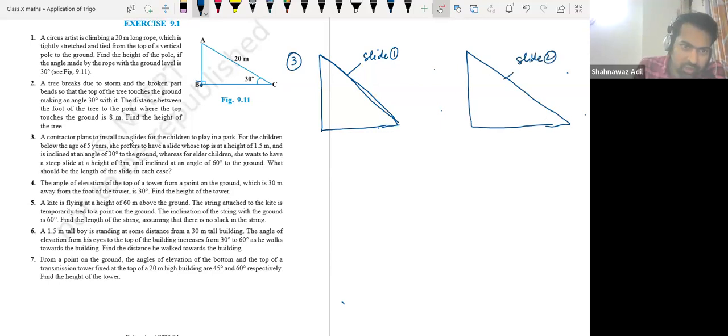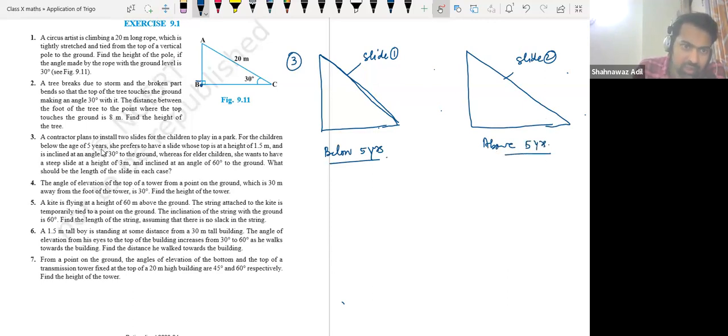A contractor plans to install two slides for the children to play in the park. This is for the children below the age of 5 years, and this is above 5 years, right?